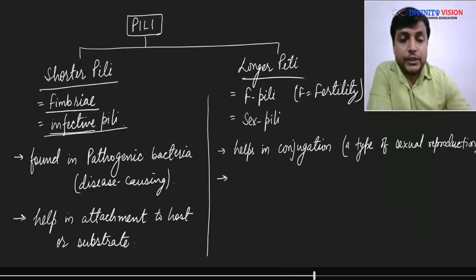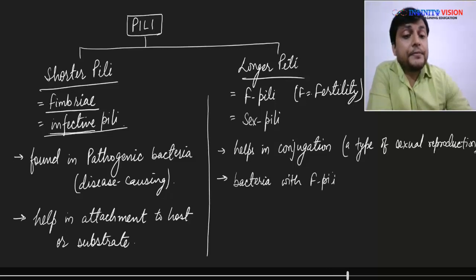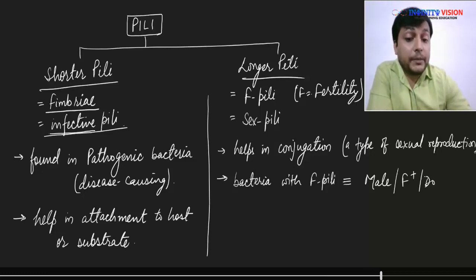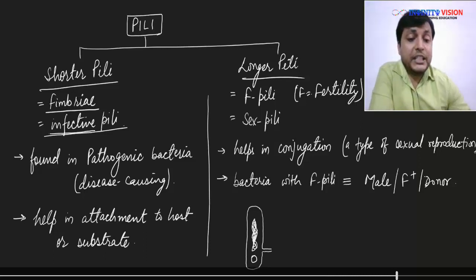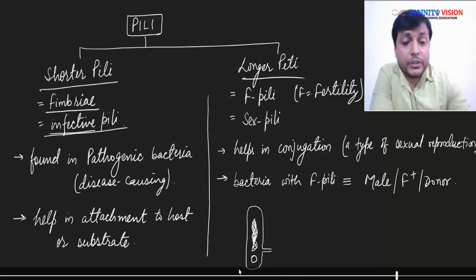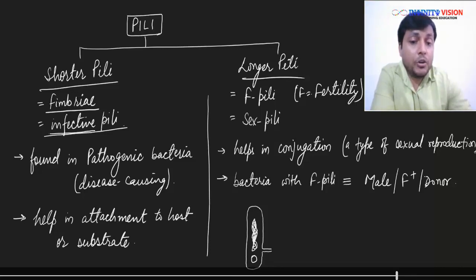Okay, great. Now see, the bacteria with F pili is considered as male or F positive or donor bacteria. Okay, now how does it look? Suppose the white one that I'm drawing is a bacteria, and this bacteria, you can see here, has a small round DNA that is plasmid, and this plasmid contains the gene for making this longer pili.